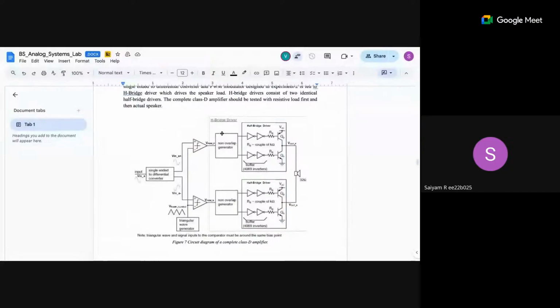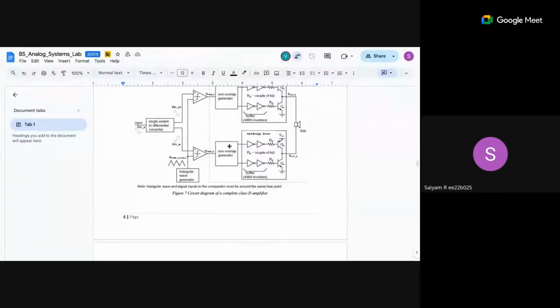How do we protect that? Because you mentioned it can go infinite current, right? Yeah. To avoid that, that's why you have a non-overlap clock generator here.